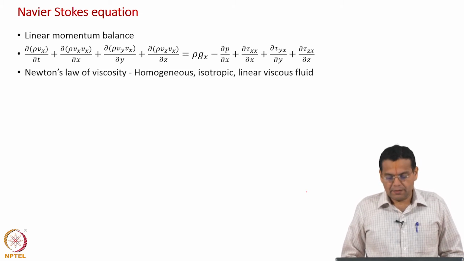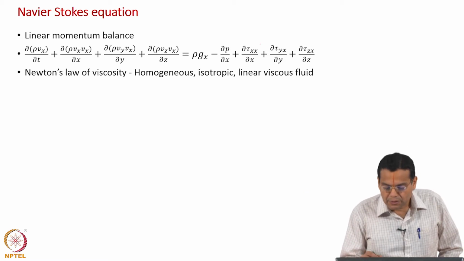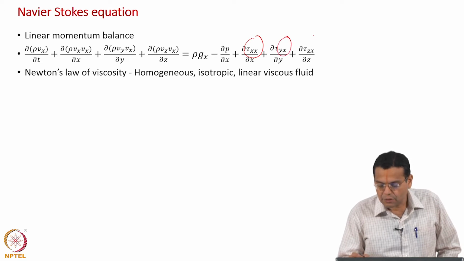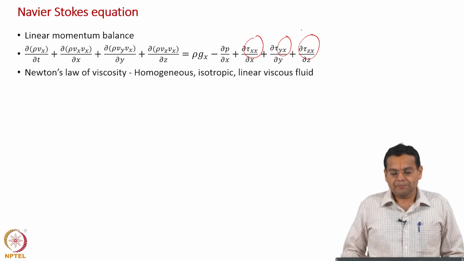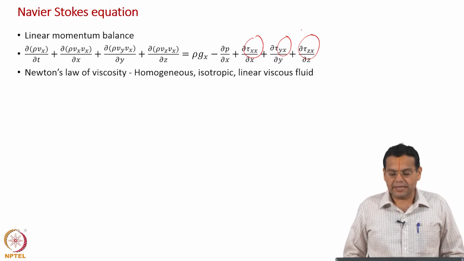Now we will have to express this tau xx, tau yx, tau zx in terms of the strain rates or the velocity gradients. So, we will use Newton's law of viscosity, which is a constitutive equation.